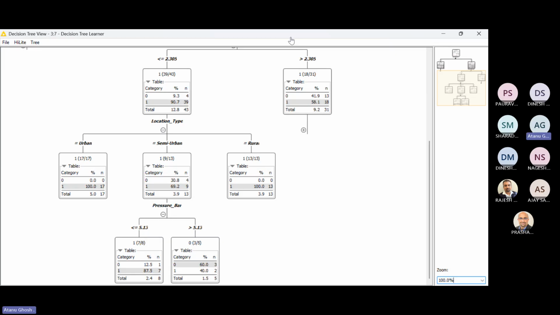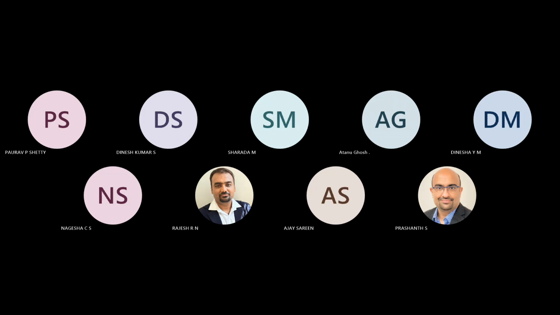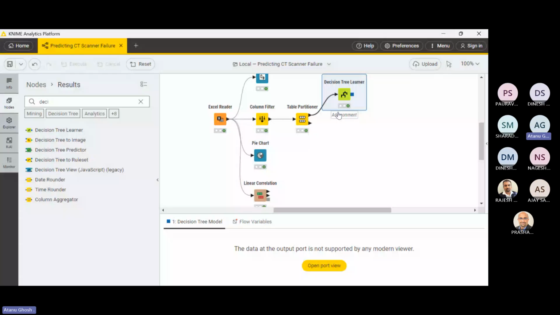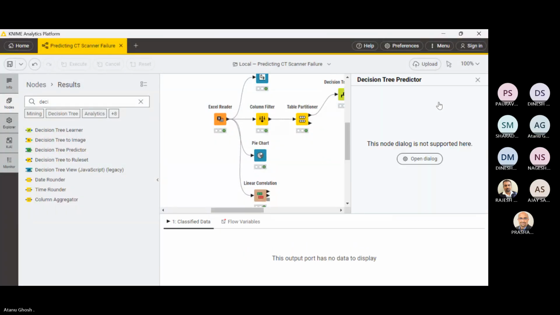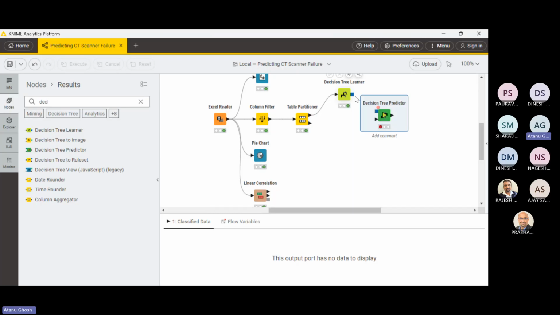Okay, so coming back. Now that we have, let's complete the cycle and then we'll talk about the formula. We have the decision tree learner, so we'll take the decision tree predictor. The rest of the process is very similar to our logistic regression.